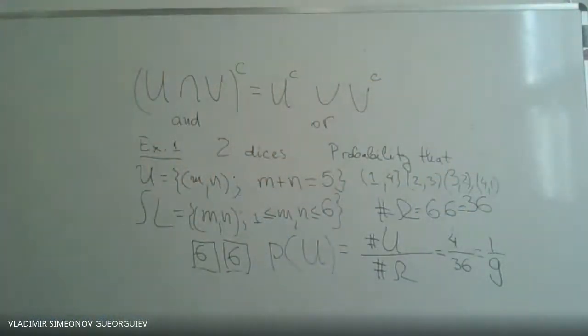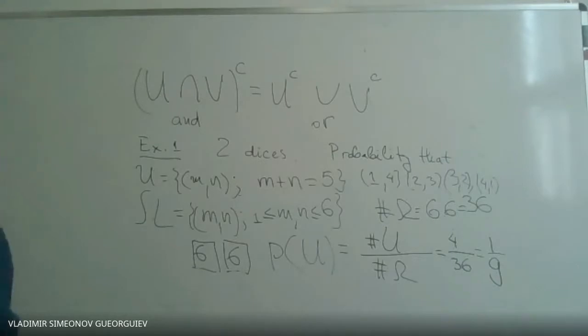Therefore, you can compute the probability that the sum of the dice is 5. Okay, let me ask if this small example is clear. Yes, and now we can see.